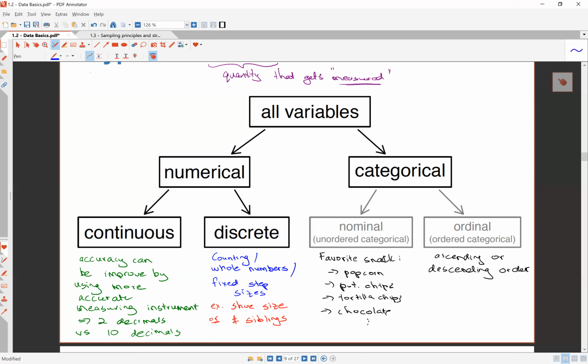I have a quick clarifying question. Yeah, please ask. For the favorite snack, what if it was greatest to least, favorite? Could you do it ordinal then? Yes. So the moment you introduce order in some way, it is no longer nominal. Okay.